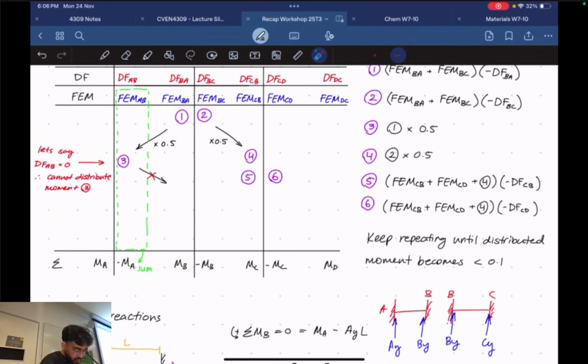They end off at 0.0111. So it would be for each individual column. Let's say for this column I end up with something like 0.09, I'd stop that column there. Then I'd keep continuing for this column until that goes less than 0.1.